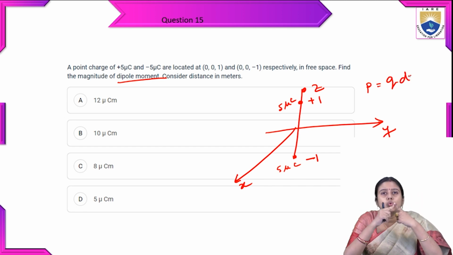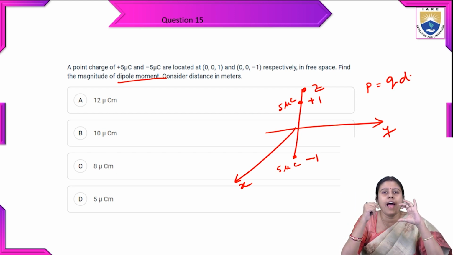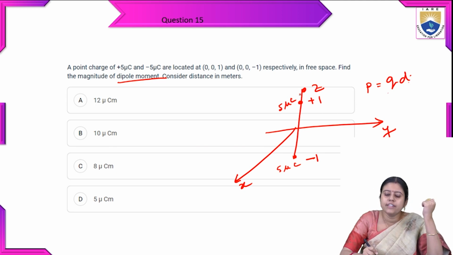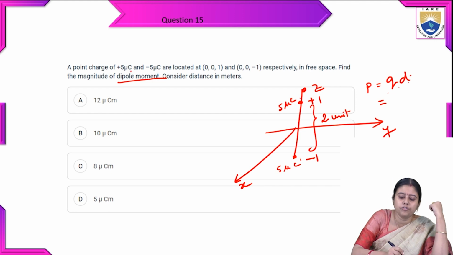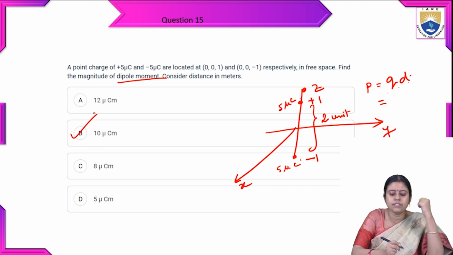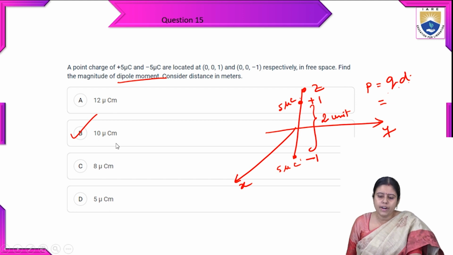If the two charges are equal in magnitude but opposite in polarity, their dipole moment is equal to Q into the distance between them. So the distance between them is 2 units. Q is equal to 5. 5 into 2 means it is 10 microcoulomb per meter.